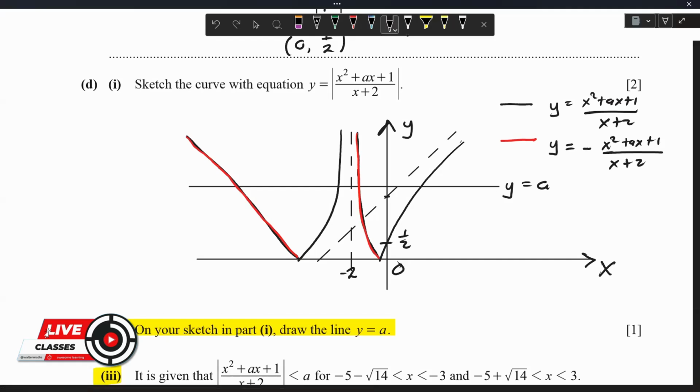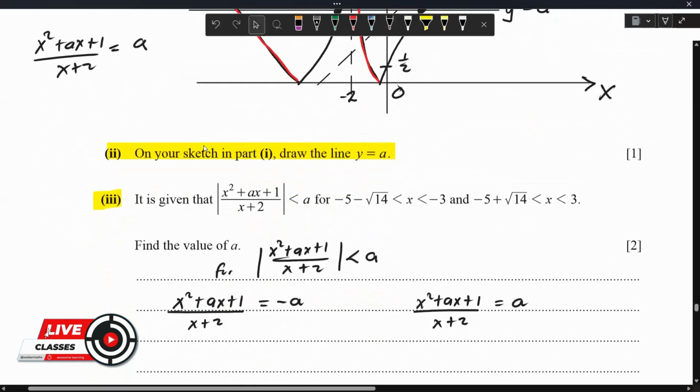But they're intersecting with the line y is equal to a, right? So we want the points of intersection with the black line, which are this point and this point. We find this by saying (x squared plus ax plus 1) over (x plus 2) intersects with y is equal to a, so it's equal to a. That's equivalent to this equation.